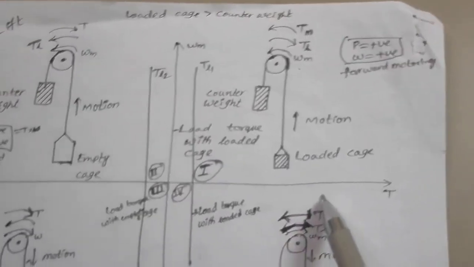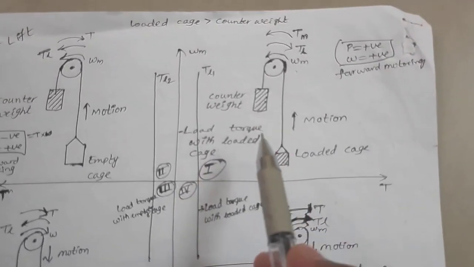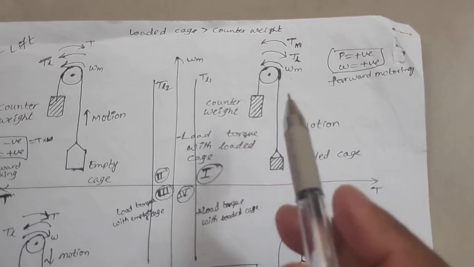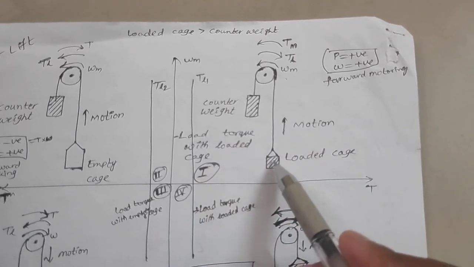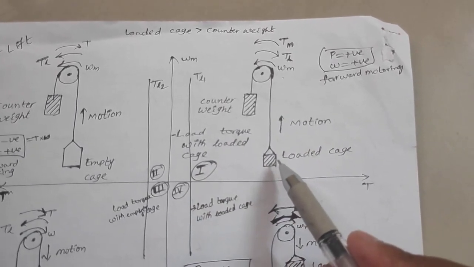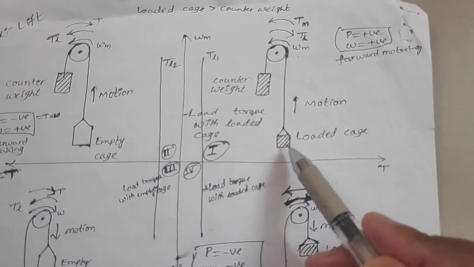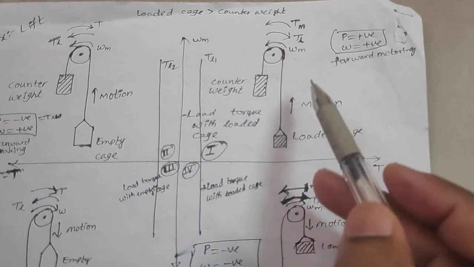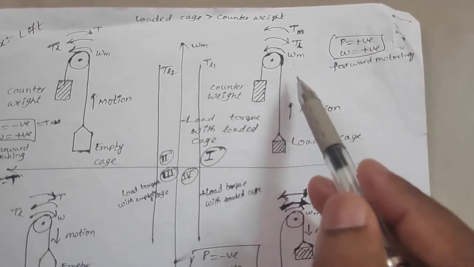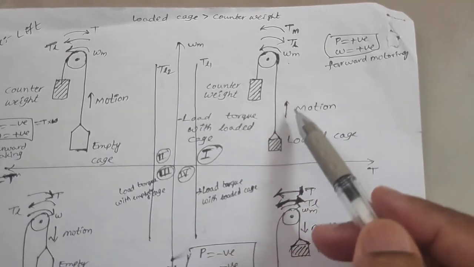In the first quadrant, it is a loaded cage. Let us assume that the loaded cage at the ground floor needs to go to the top floors, that may be 1 or 2 or 5, anything.